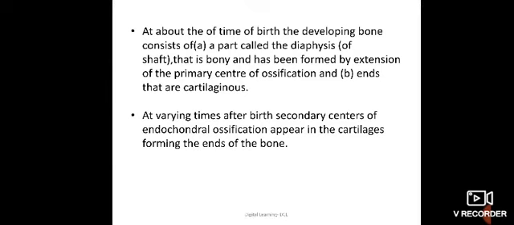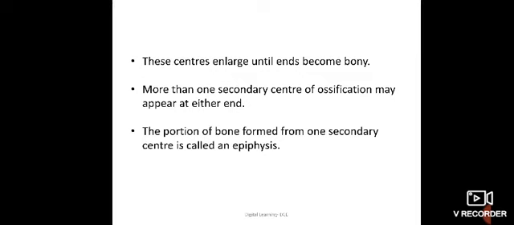At varying times after birth, secondary centers of endochondral ossification appear in the cartilage, forming the ends of the bone. These centers enlarge until ends become bony. More than one secondary center of ossification may appear at either end of the bone. The portion of bone formed from the secondary center is called epiphysis.